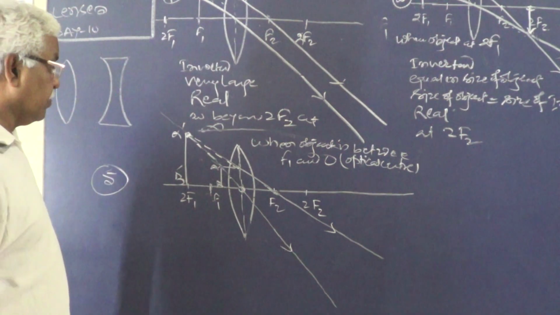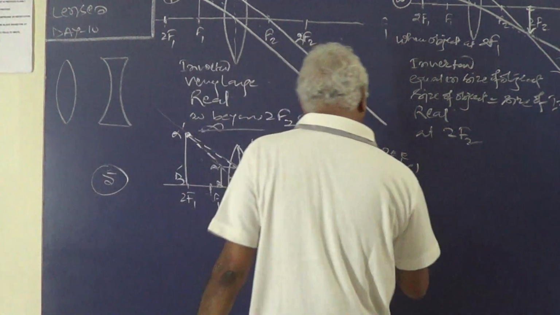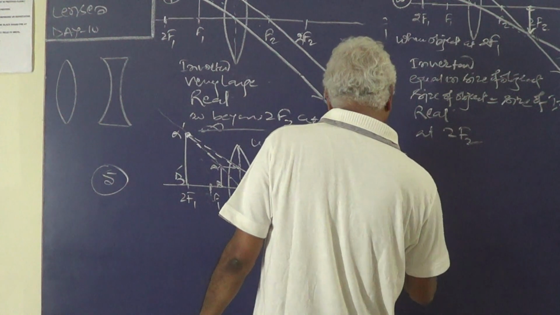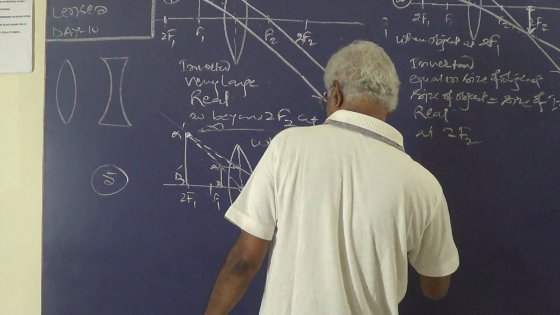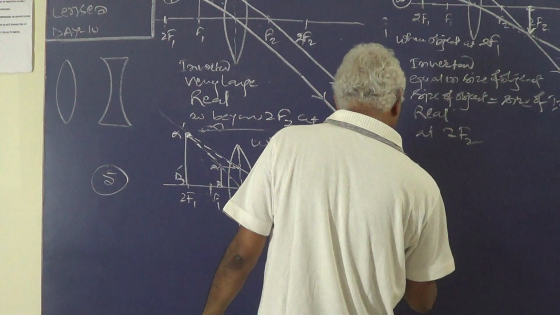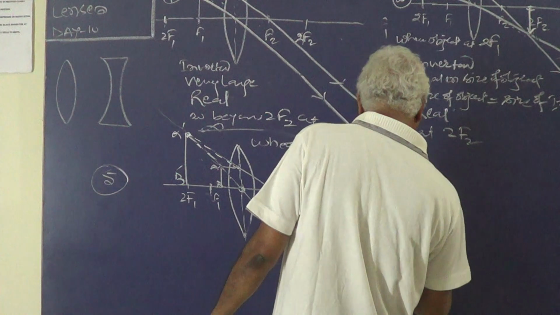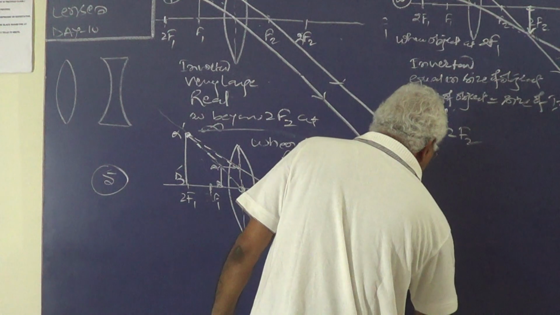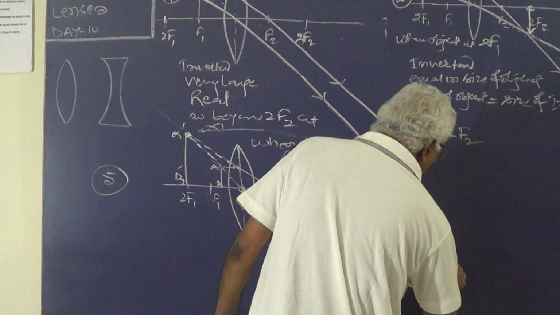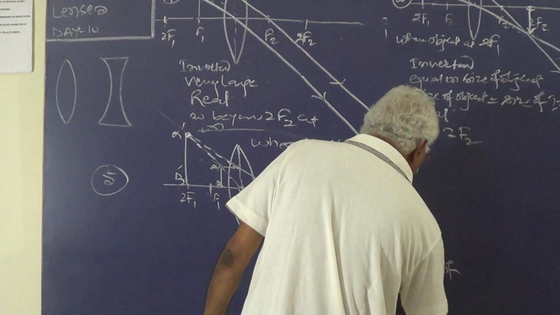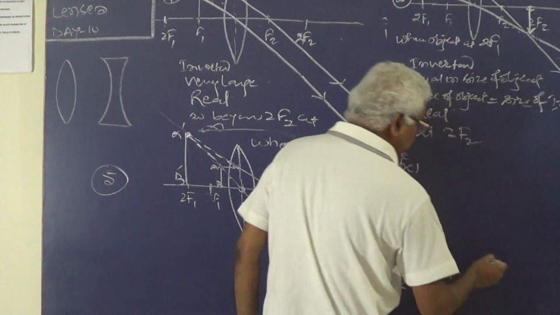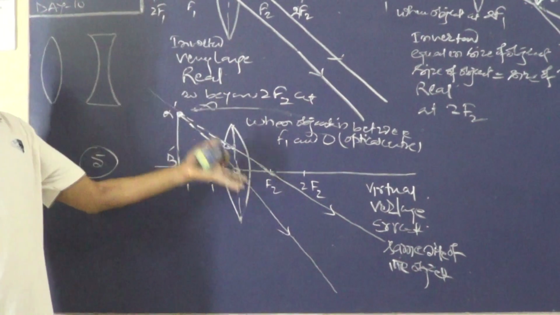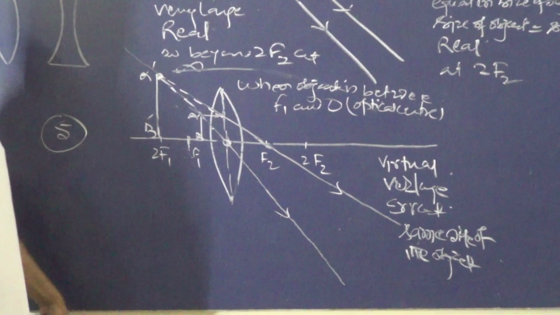So what nature of image will you get here? It is virtual, very large, erect, on the same side of the object. Meaning the image forms on the same side as the object, and it will be quite large. You need to note this point. Okay?